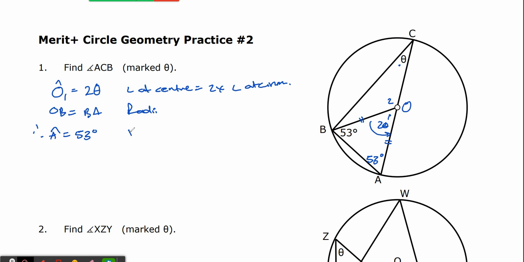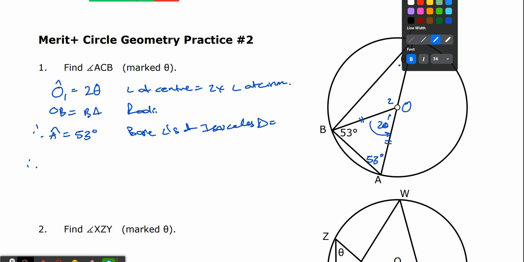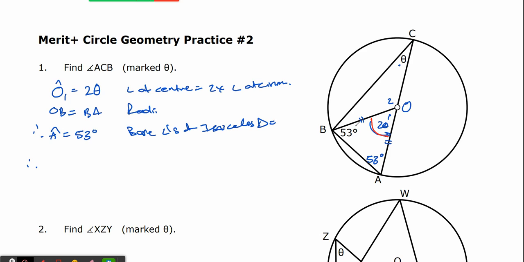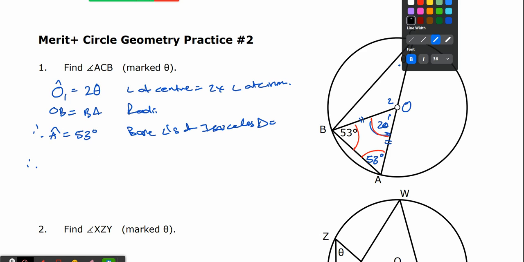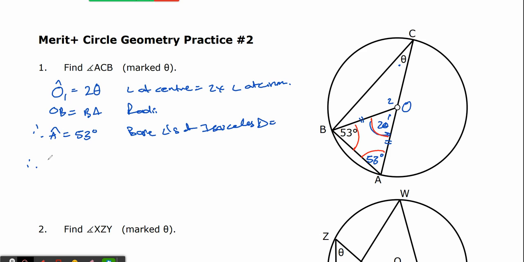I'm just going to write base angles of an isosceles triangle are equal. So that means we can add these 3 angles up, and it'll add up to 180, and that should be enough information to solve it, right? This is one way of doing it. I can't see another way of doing it. So 53 plus 53 plus 2 theta is equal to 180 degrees.